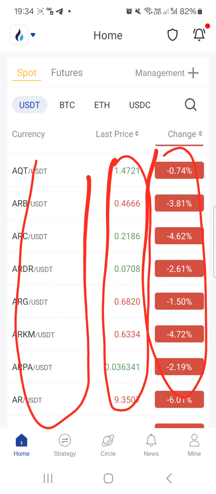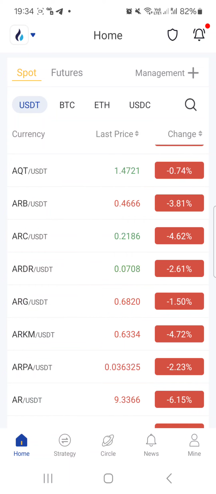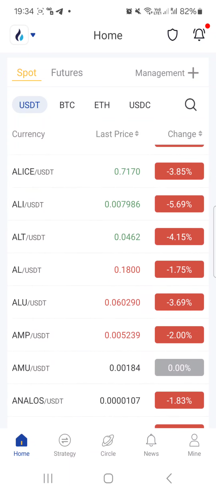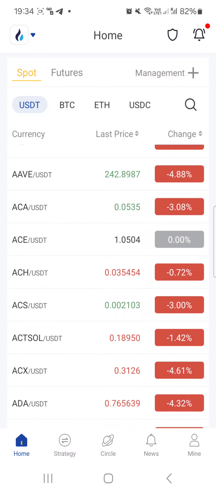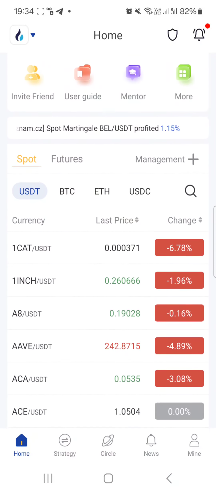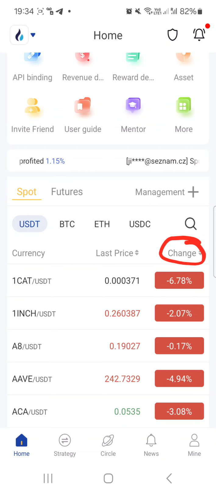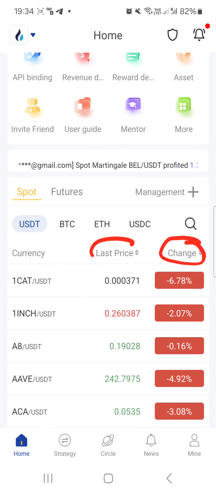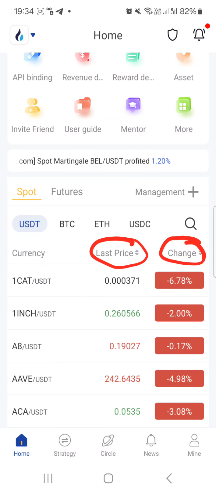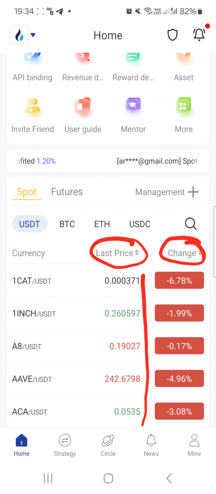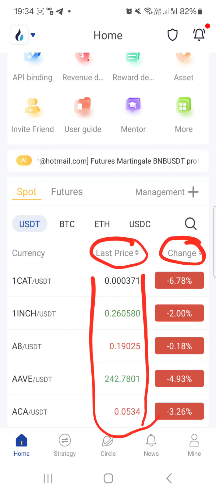Percentage change is all about how the trading pair is doing. You can change it here to see it in chronological order. The last price is the price within 24 hours or the current price, and as you can see, it keeps changing.